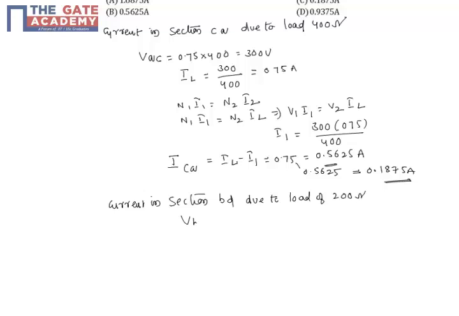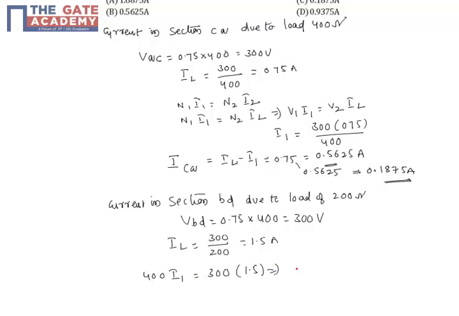So VBD is equal to 0.75 times 400, so this is 300 volts, and the load current is equal to 300 volts by 200 ohms, so this is 1.5 amperes. And the corresponding input current: 400 into I1 is equal to 300 into 1.5. This implies I1 equals 300 into 1.5 by 400. So this is 1.125 amperes.